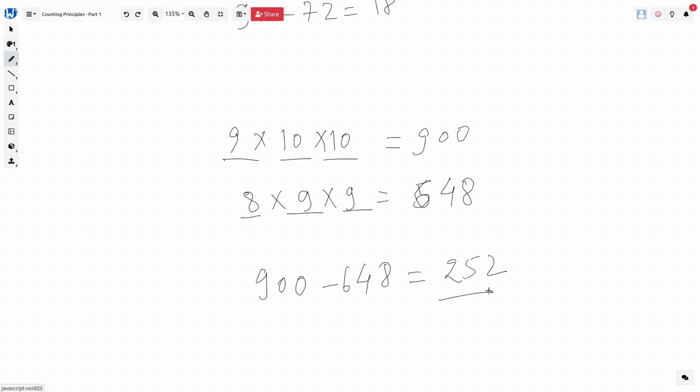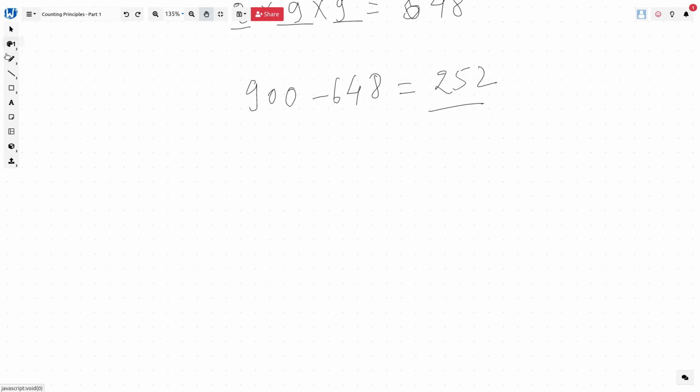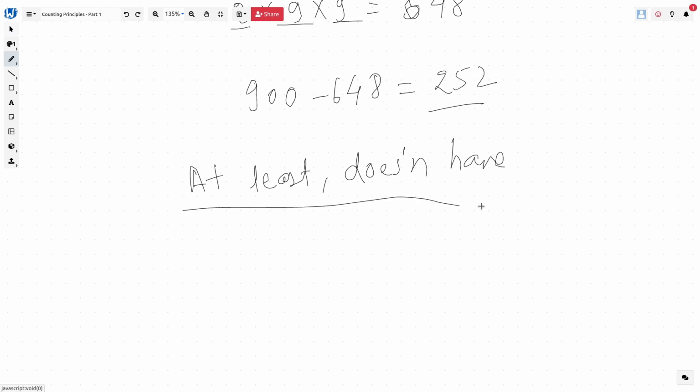So sometimes it is easier to count the opposite of what is required in the problem. If a problem states a few keywords, like for example "at least" or "doesn't have", then you know what to do.